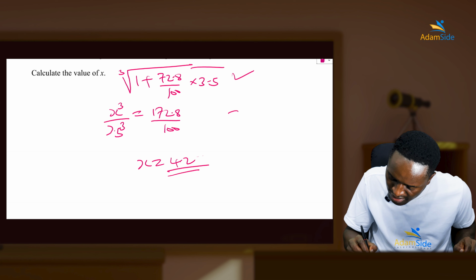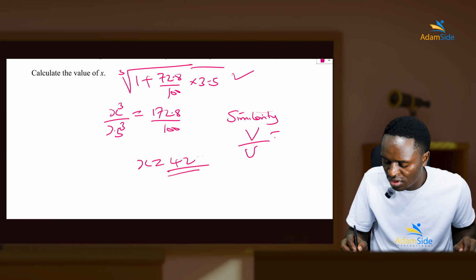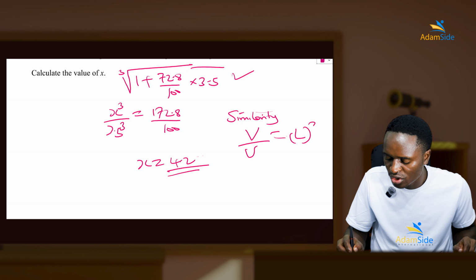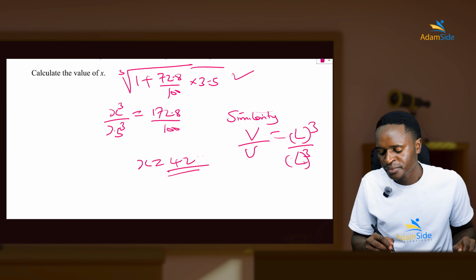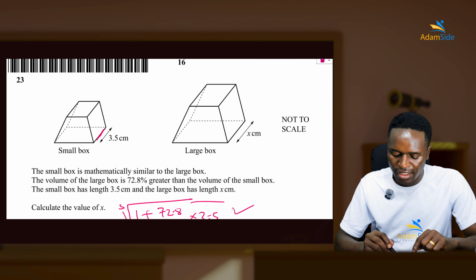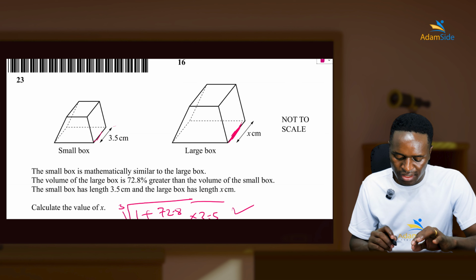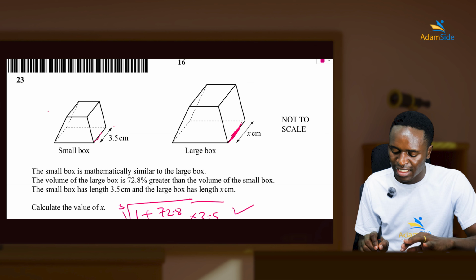This comes from similarity, and we say volume divided by volume should be equal to length cubed divided by length cubed. You should understand this when it comes to comparison. That's a rule. So this length here is 3.5 and this is x. They say the volume of the large box is 72.8% greater than the volume of the smaller box. So x divided by 3.5, cubed, should be equal to the volume ratio.